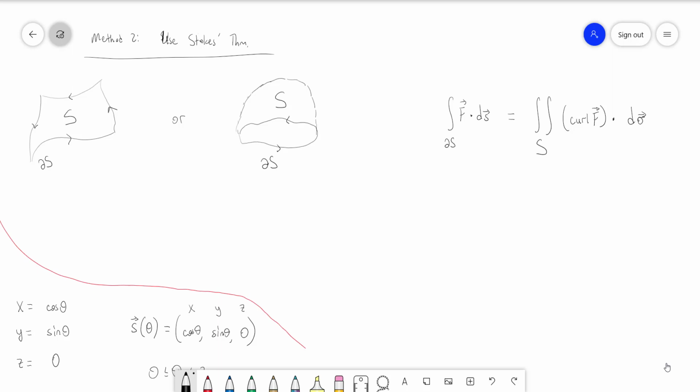Now, let me make a couple of comments about Stokes' theorem. Again, there's this subtlety regarding the orientation of things. In particular, remember how I talked about for a flux integral, when you're doing a flux integral over some surface, there's always two possible choices of normal vector that you could use. For any given surface, one pointing in one direction, another pointing in the opposite direction.